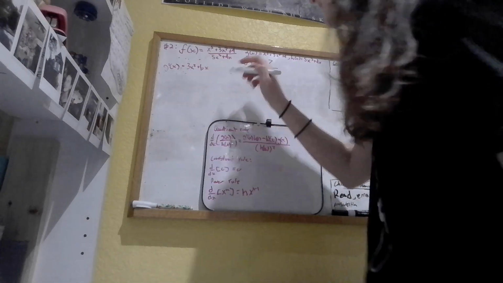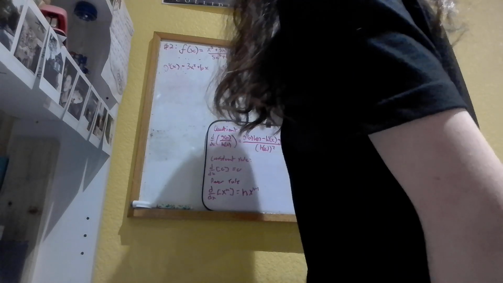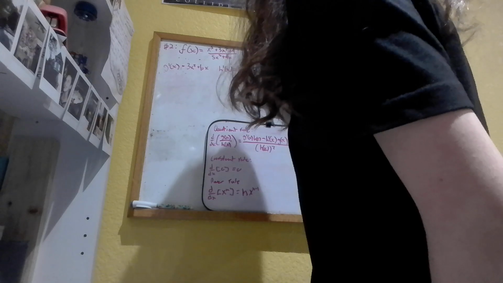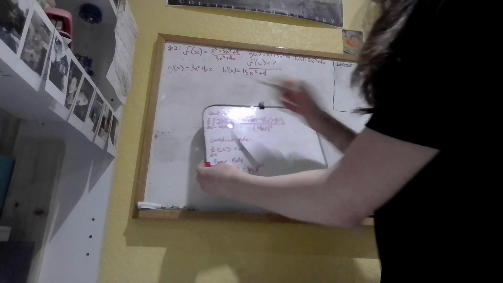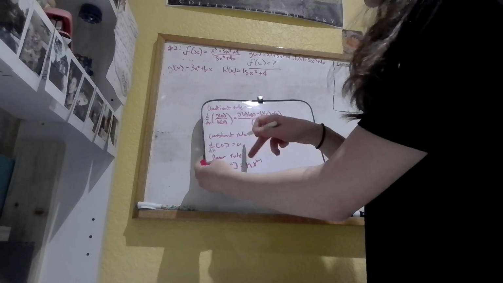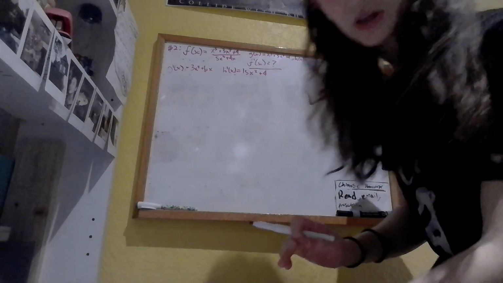So we will just leave it at that. Then derivative of h of x will be 15x squared plus just 4. Right, now I will take this down. Oh, and this is because of the constant rule and power rule, as explained in the first problem.